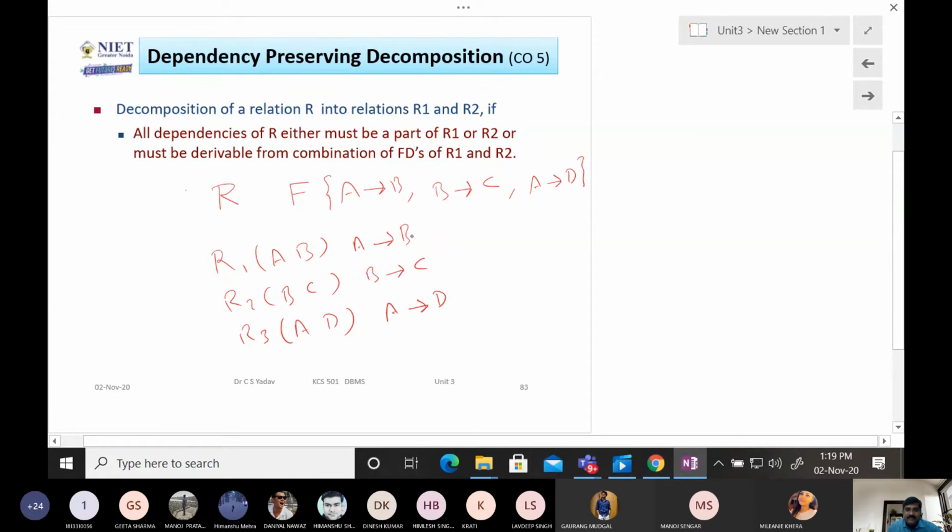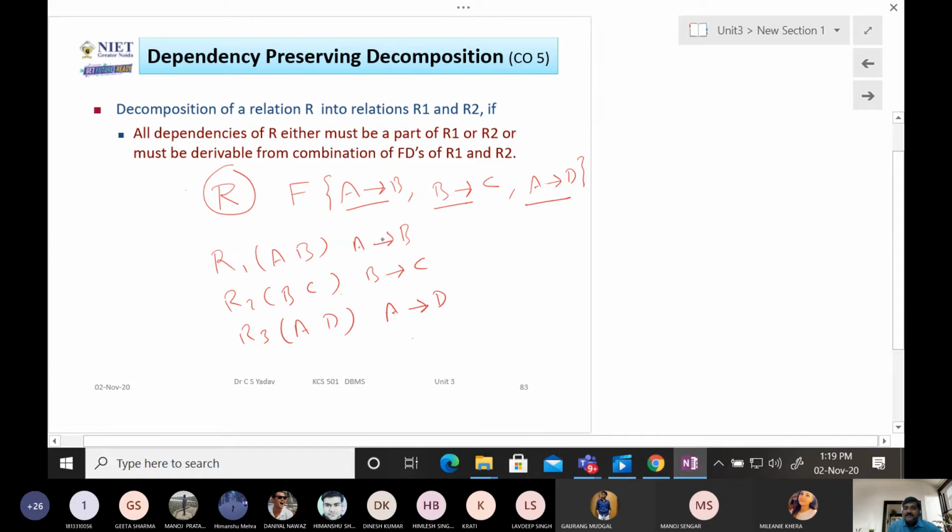Here, by seeing, we can easily find out that all dependencies are preserved. There are three dependencies which hold on R, one in R1, second in R2, and third in R3. Then there is no need to find out the canonical cover.